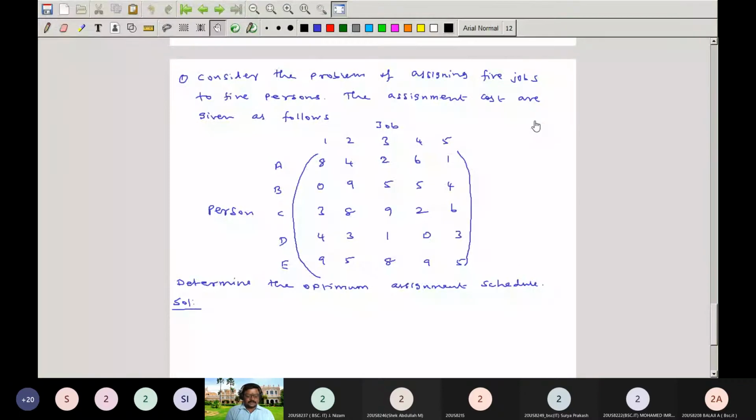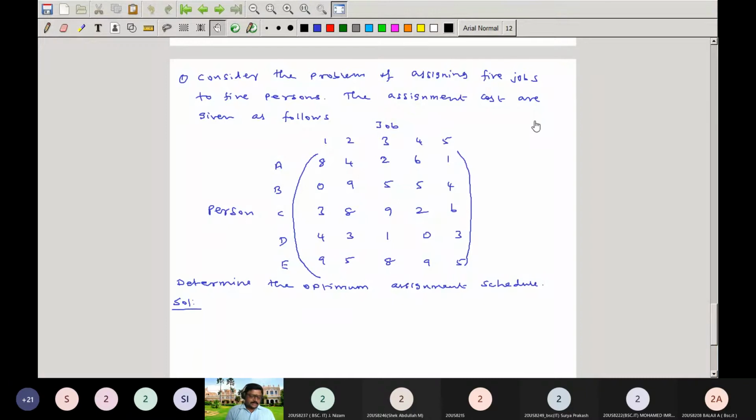Step 5: cover all the zeros by drawing a minimum number of straight lines as follows. Subdivision A: tick mark the rows that do not have an assignment. Subdivision B: tick mark the columns not already marked that have zeros in marked rows.